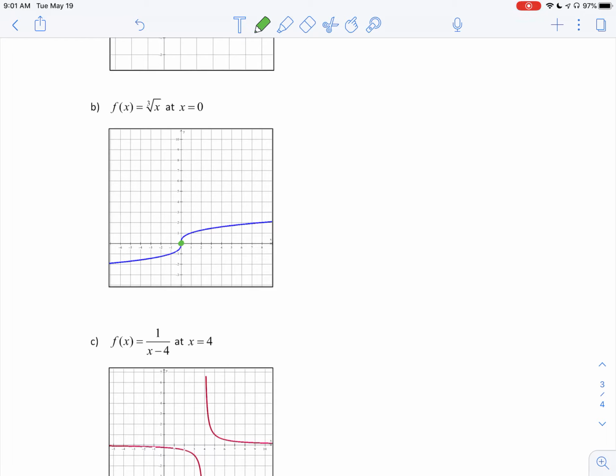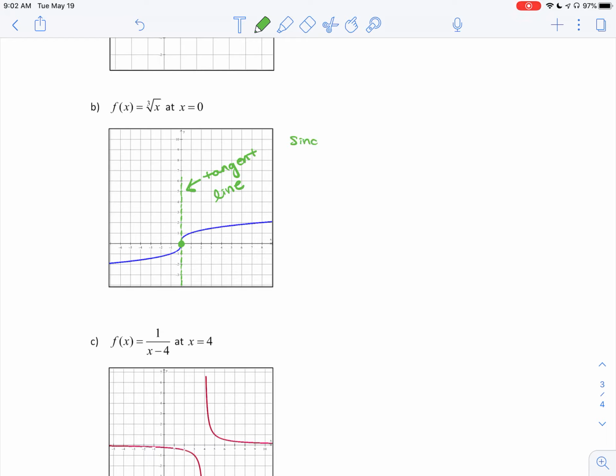Well, if we want to think about the slope of our tangent line at that point 0 right there, right in the middle, our tangent line would be a vertical line. But the slope of a vertical line is undefined. And if the derivative is finding the slope of a tangent line, then the derivative is also undefined.